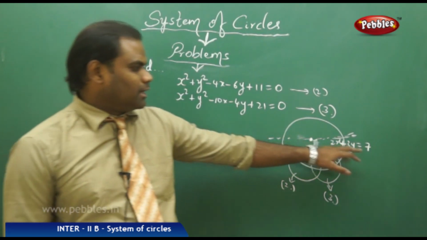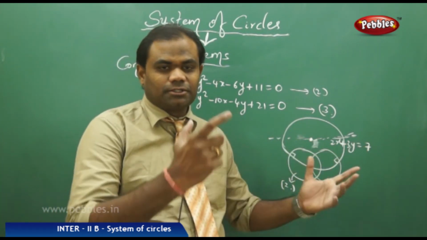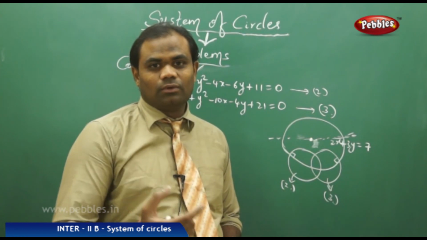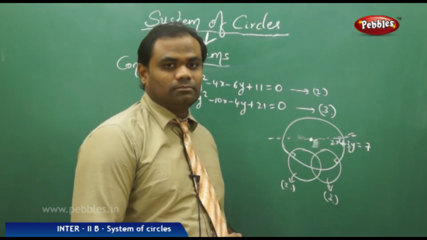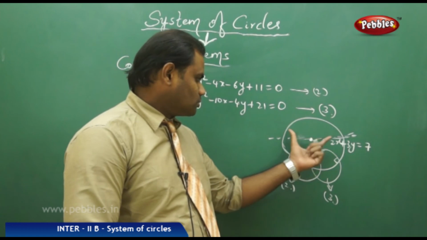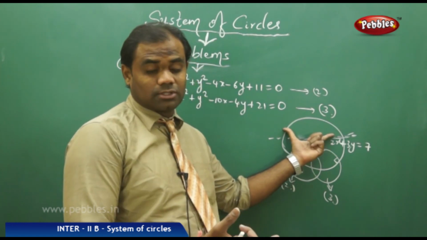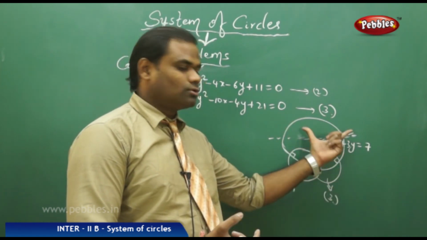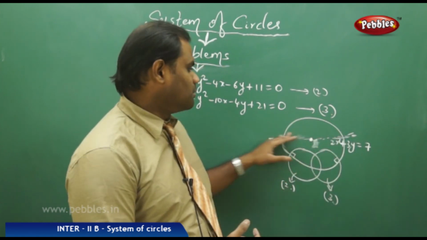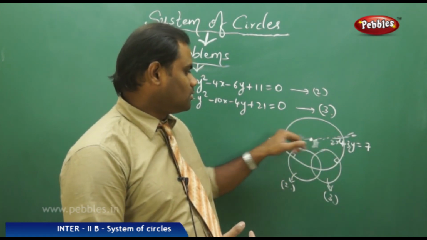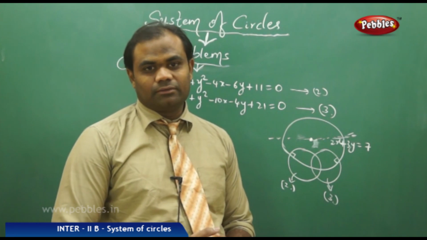So the diameter should lie. So if I assume these conditions, then we get a picture on how we need to solve this problem. So one is orthogonal to the circle we need to find, and this is orthogonal to this, and the diameter lies on 2x plus 3y equal to 7.